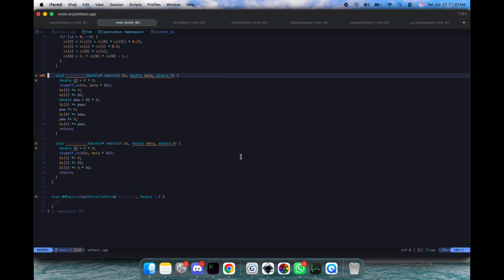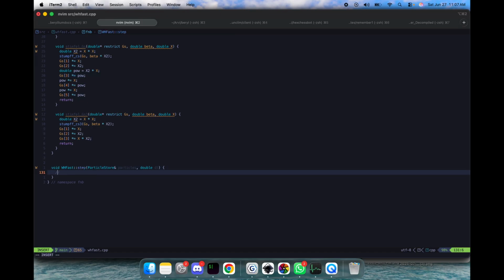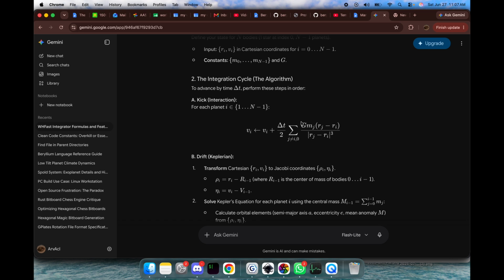Okay, now WHFast step. Okay, if I get to here, G times MJ times this. For each planet 1 to n minus 1, you do delta t divided by 2 times J if it's not I or 0.